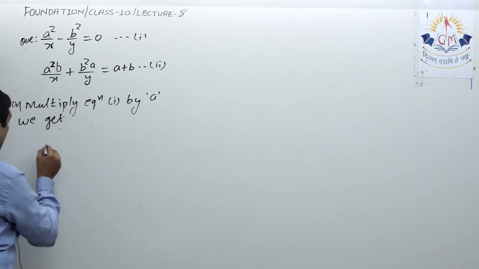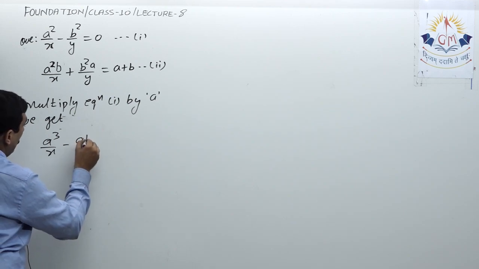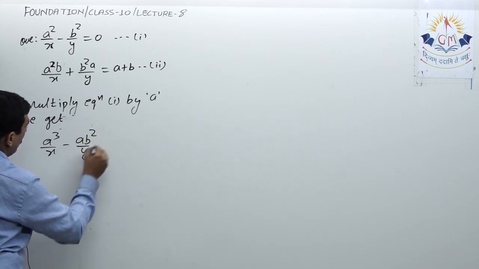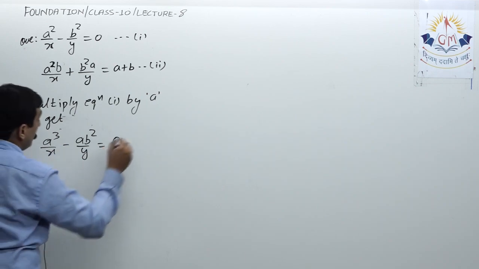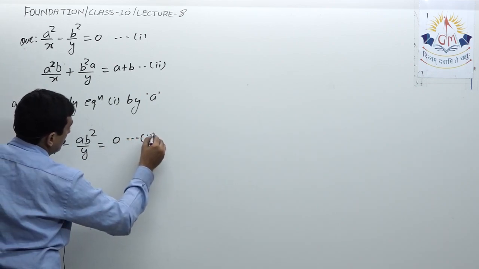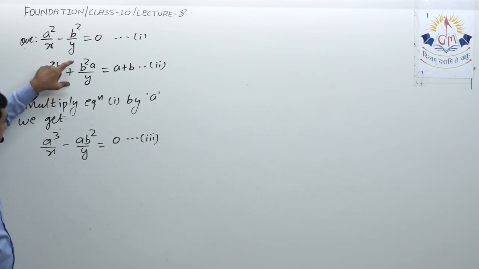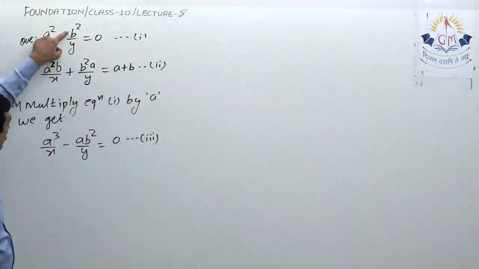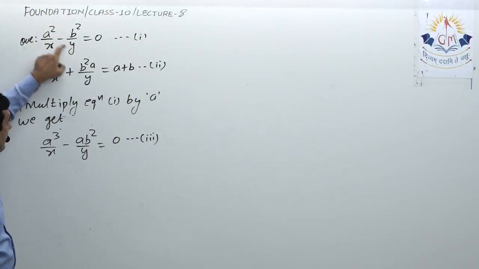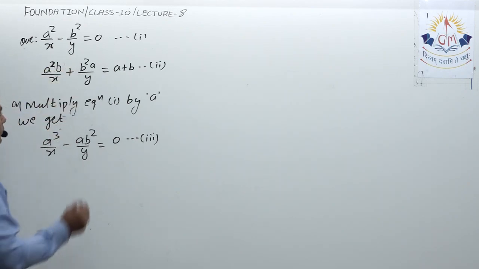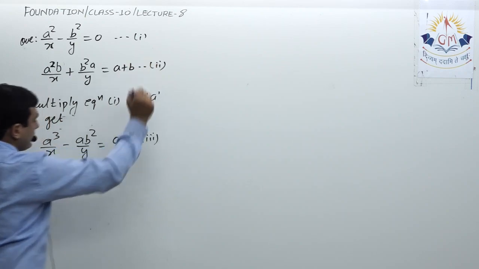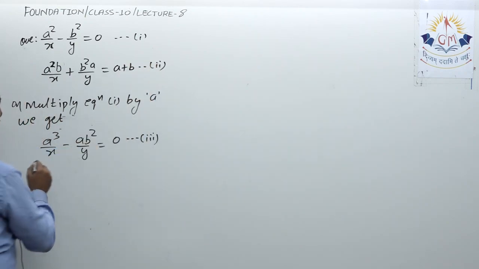We get a cube upon x minus ab square upon y is equal to 0. Now let this be equation number 3. Again you can see here it is ab square, and here again it is ab square upon y, positive and negative. So now I will add equation 2 and equation 3.